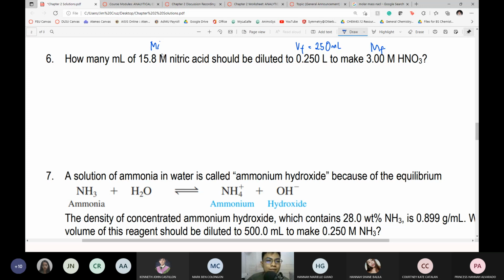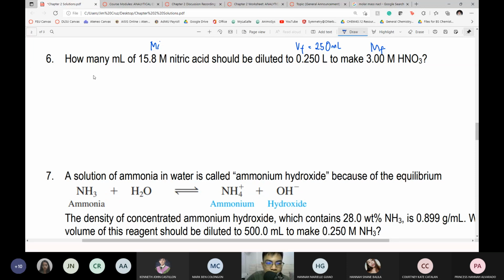So given the initial concentration, 15.8 molar, the final concentration must be 3 molar with volume of 250 ml. Ang tanong, how much nitric acid should I use? Madali lang. Kung kaya nyo nasagutan on your own, pakitype na lang sa chat box yung answer.